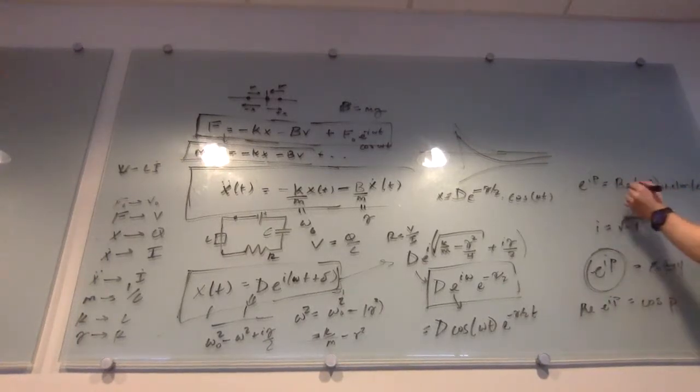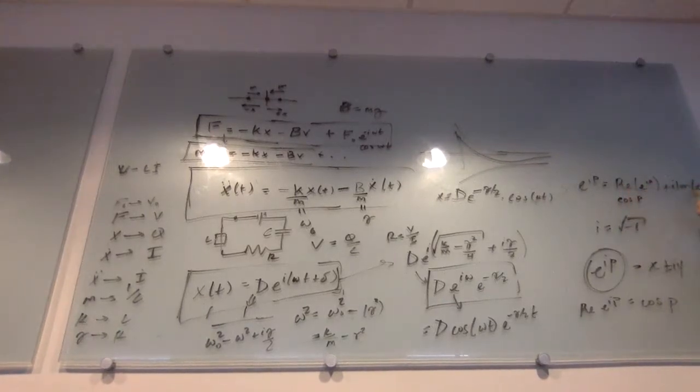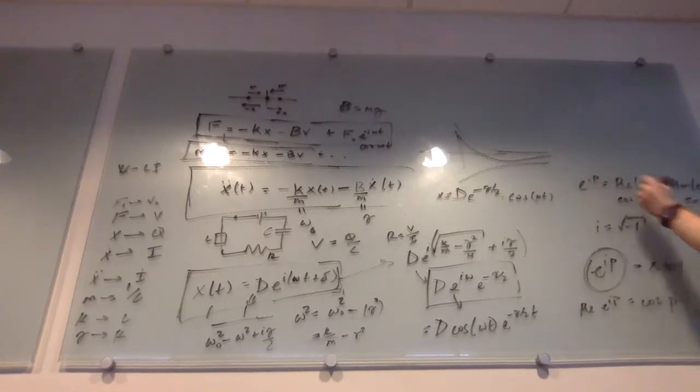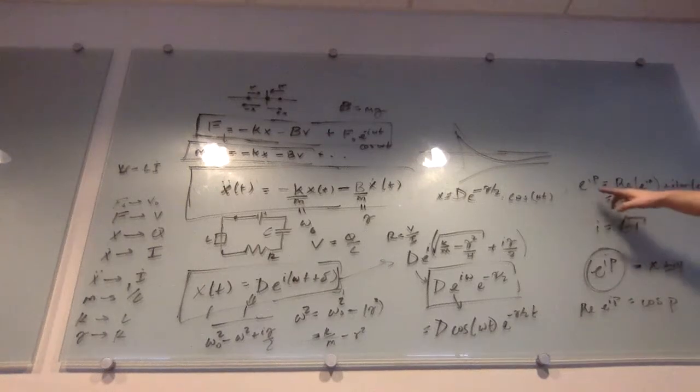The real part of e to the i anything is cosine, and the imaginary part of e to the something is sine. But of course, when we do oscillators, only one of these matters. We don't actually have two free variables here. We actually only have one.